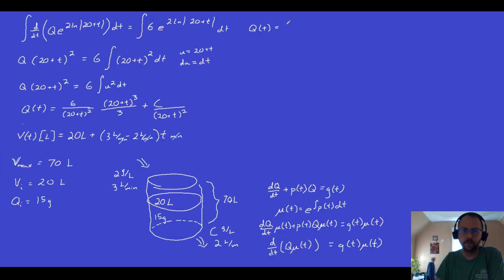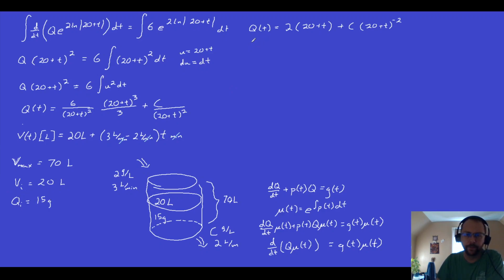Q of t equals 2, 6 divided by 3, 2 times (20 plus t), and then plus, we'll call this c times (20 plus t) raised to the negative 2. So this is our solution, but let's solve for c, which we can do because we know that at time 0 we have 15 grams.